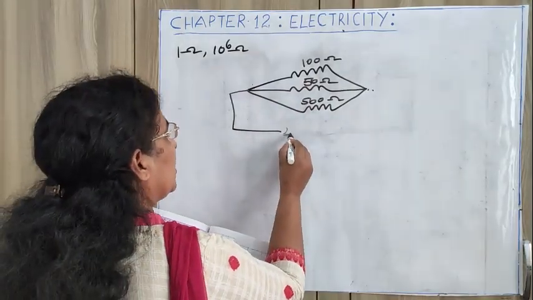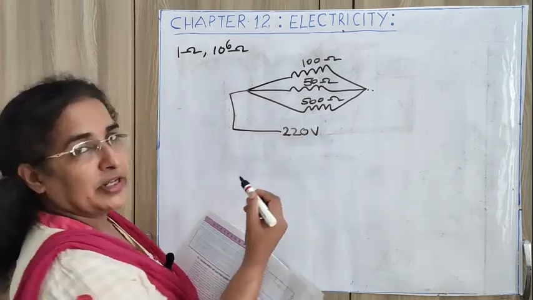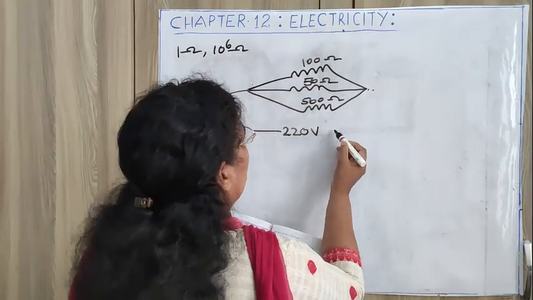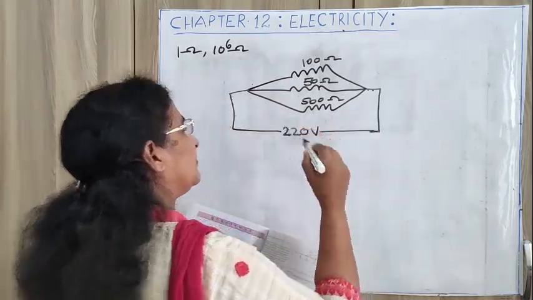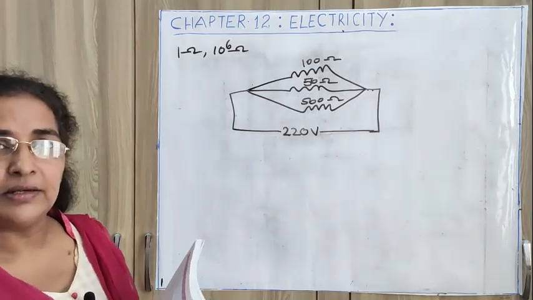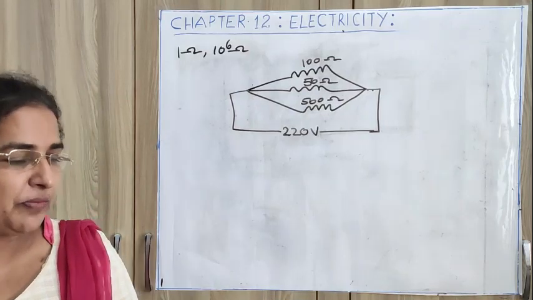What is the source of energy here? 220 volt. An AC source of energy is the 220 volt, and this is it. This is given to you. An electric lamp. Okay, I am not repeating that.